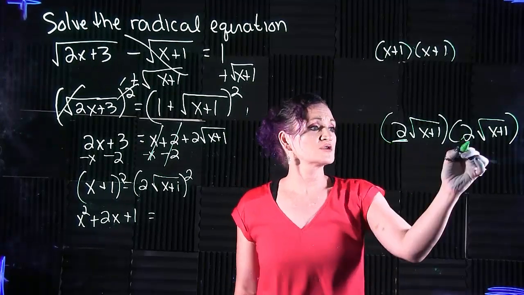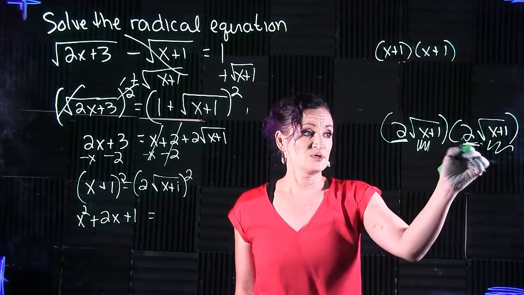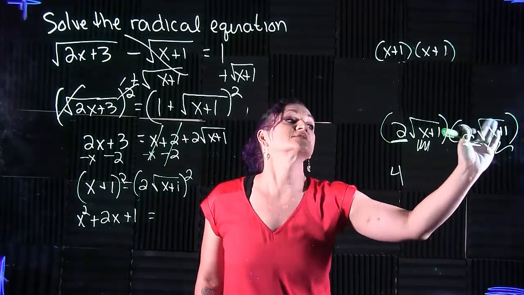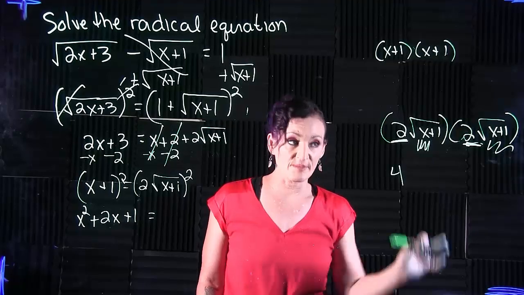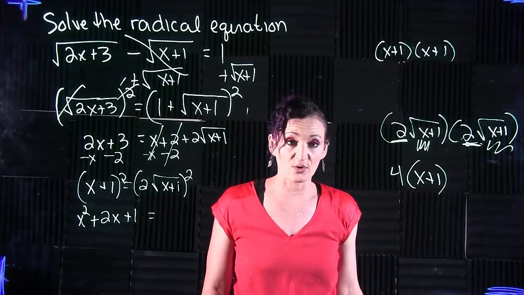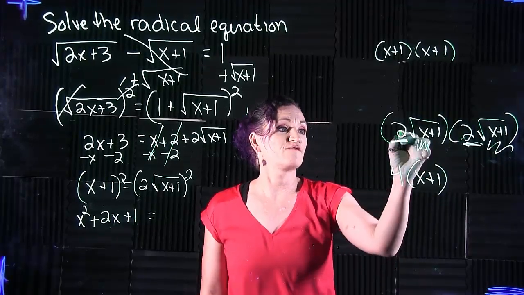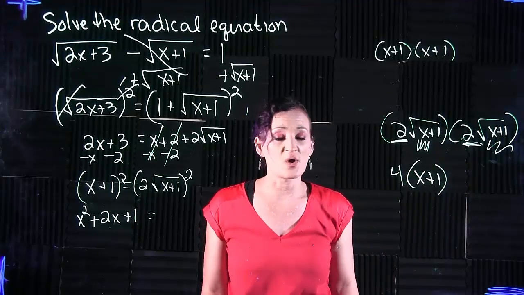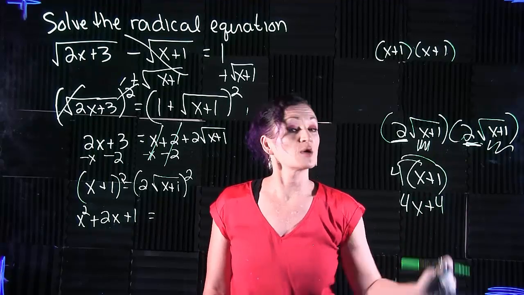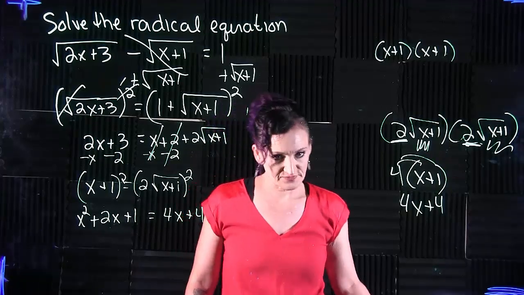So multiply the number times the number, radical times the radical is how that works. 2 times 2 is 4. Square root of x plus 1 times square root of x plus 1. Again, remember the same square root times the same square root is what's underneath the radical. So it's just x plus 1. Drop that down. All right, so we have 4 times that x plus 1. Distribute that. When we distribute that, you get 4x plus 4. That's what this right-hand side over here equals.